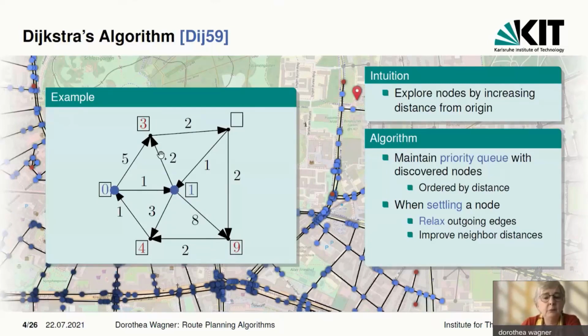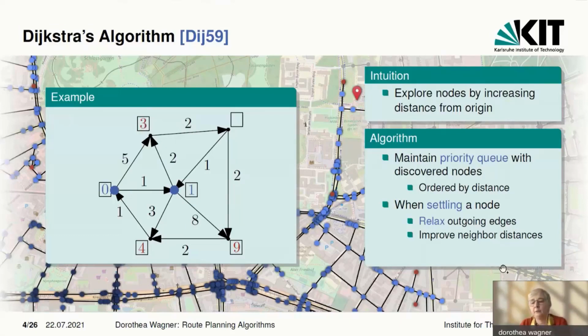And here we improved the distance. Before, we only knew we can come from the source node to this node going via this edge of length 5. But now we found out we have a shorter path going via this node, and this has only length 3, distance 3. So we updated the label here to 3.